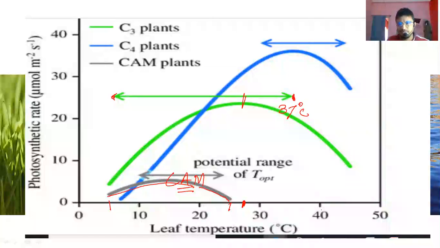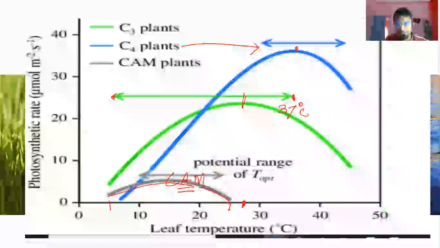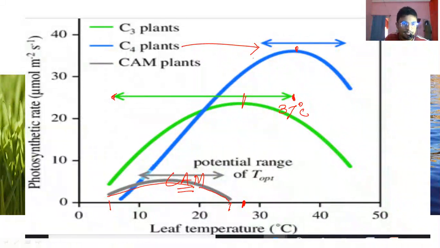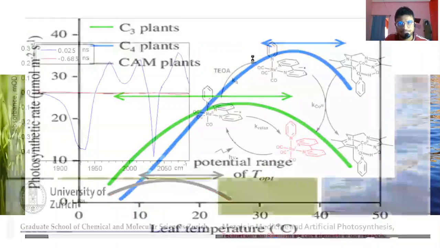But if it is a high temperature range, like more than 30, close to 40 degrees Celsius, then the potential range for C4 is very good and well enough, crossing all bars. That is represented in the blue color. That is how the leaf temperature and photosynthetic rate can be correlated in a graph.